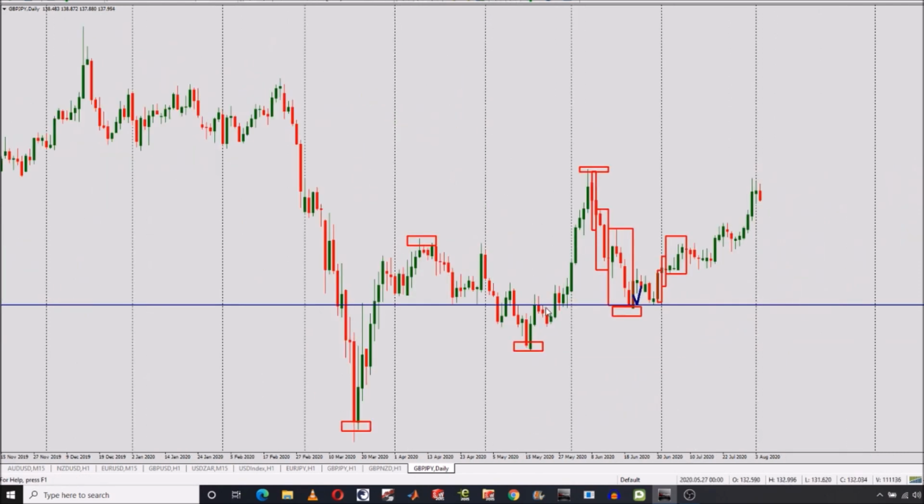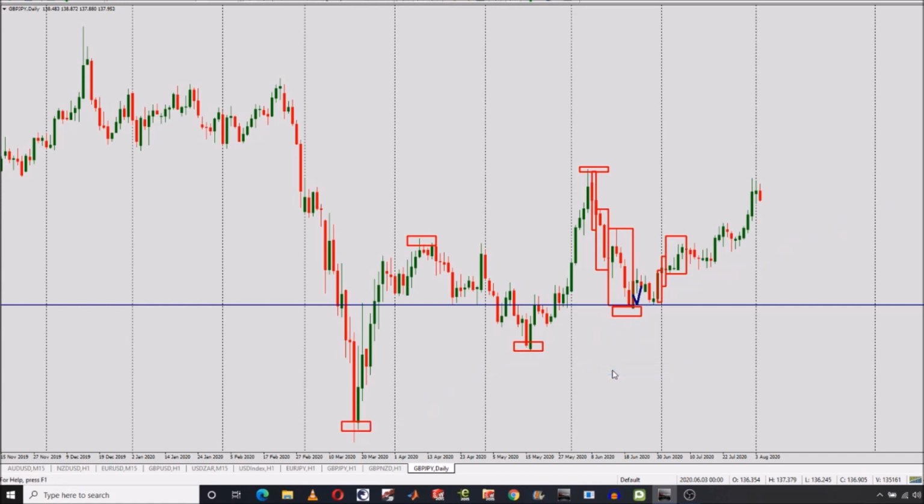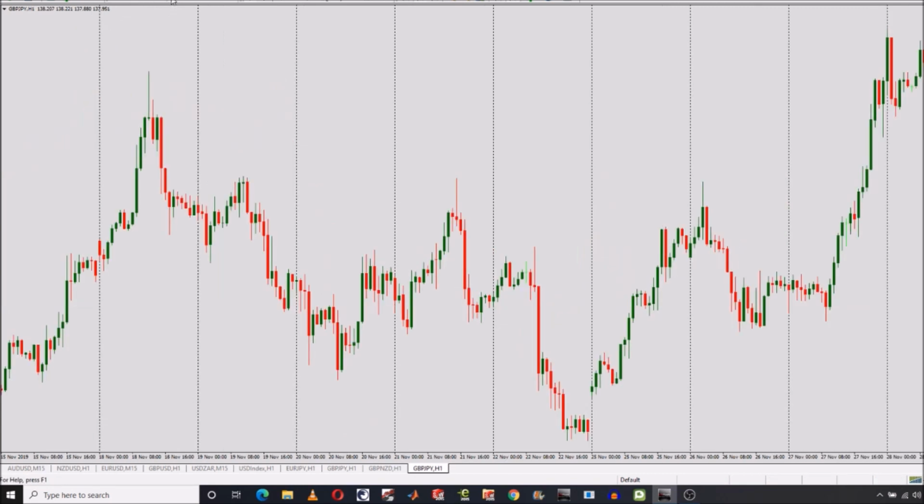And as you can see, on the higher time frame, we are actually going up like this. So when we are going up, it means we are looking for reset points within the lower time frames. Let's go back to the lower time frame, to the H1 time frame.